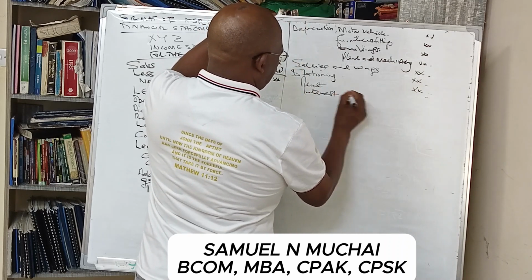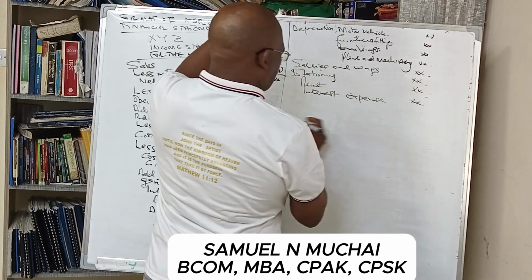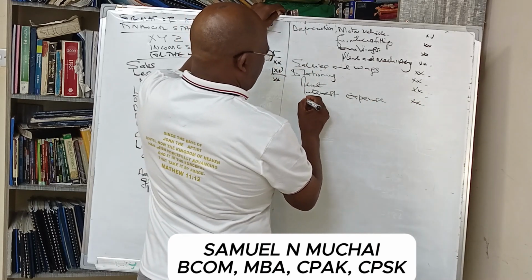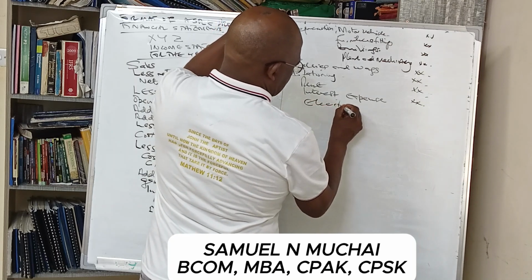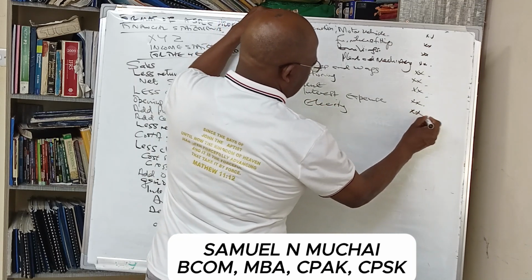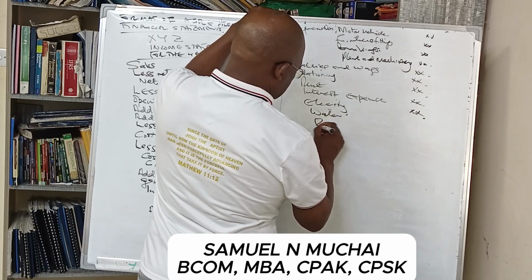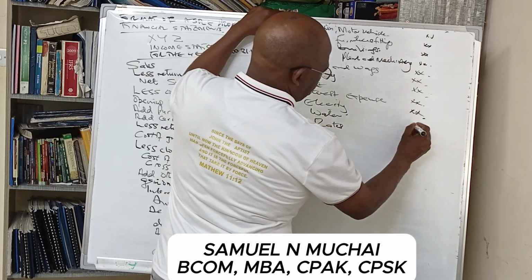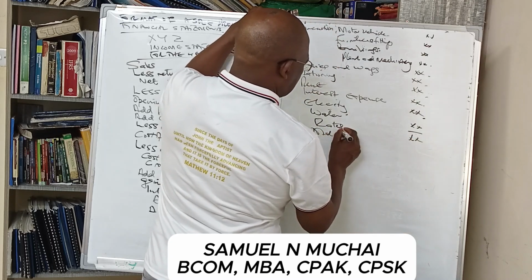Maybe we had a loan and we are paying interest expense. And we could be having electricity, water, rent rates. So we get the total expenses there.